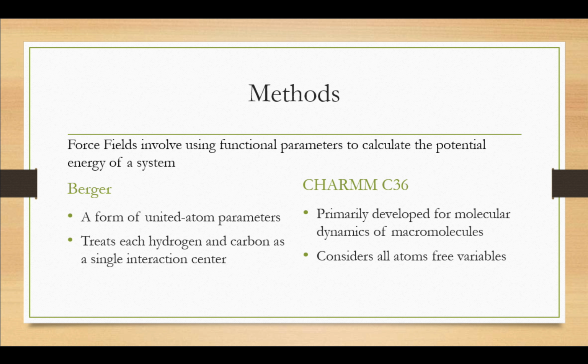This study specifically compares the effect of backbone order on the tilt in the gel phase of the DPPE bilayer using two different force fields, the Berger United Atom force field and the CHARMM-C36 force field, hereby known as CHARMM-C36.